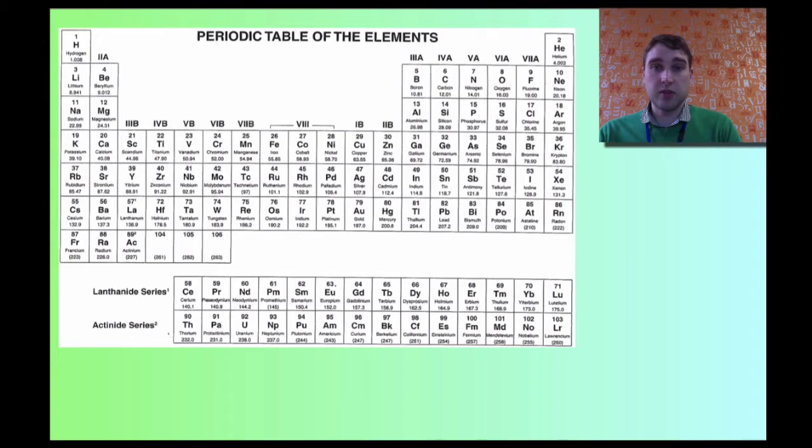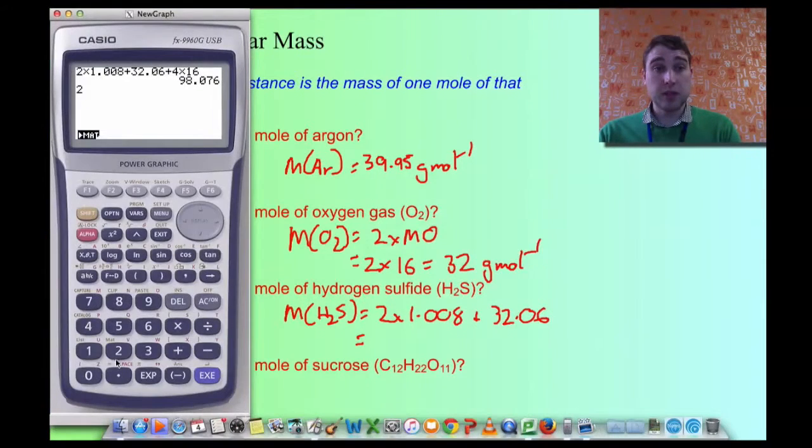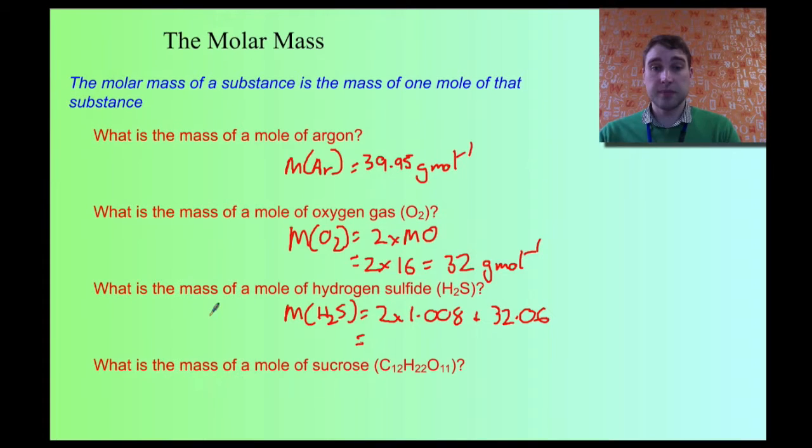So sulfur is 32.06, and I'm going to go to my calculator to help me to do that one. So we have 2 times 1.008, and to that we add the molar mass of sulfur, 32.06, and I get 34.076. So my molar mass of hydrogen sulfide is 34.076, and again our unit is grams per mole.